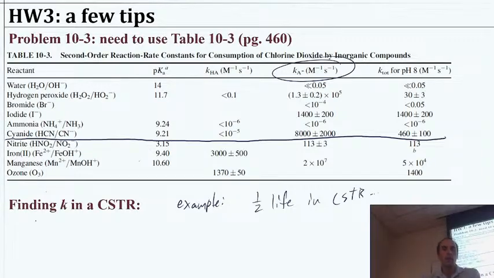Well, when we've done half-lives in the past, we said natural log of 1 over 2, this is basically the natural log of C over C naught, equals, for a first order, negative kt, right? And then you can solve for t, where this is the half-life, and solve for k that way.